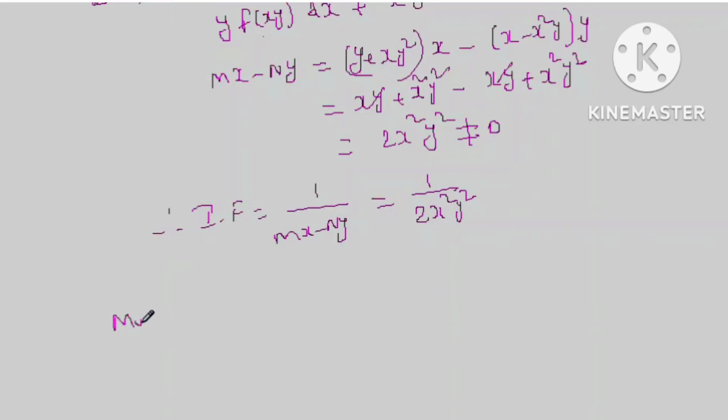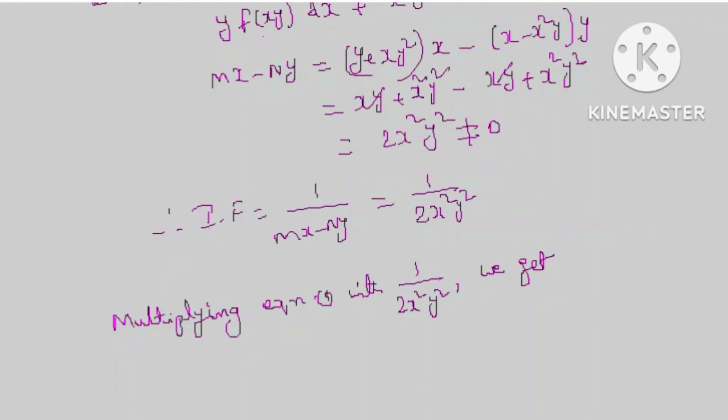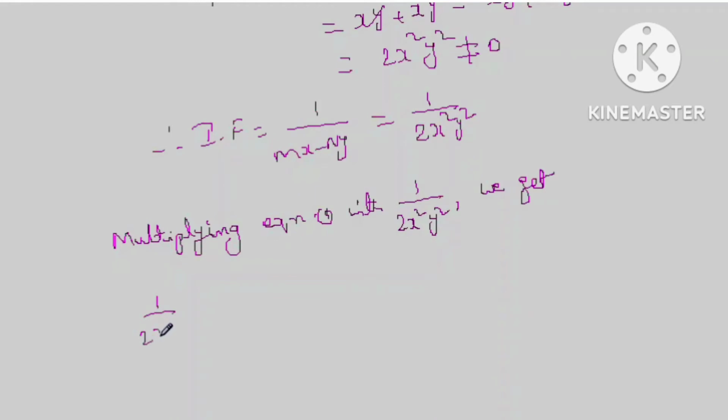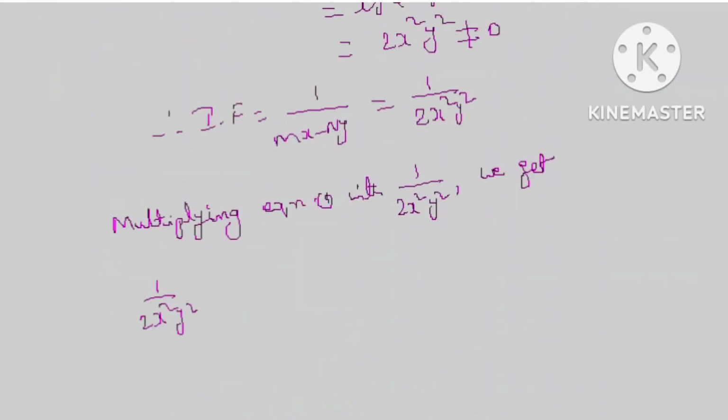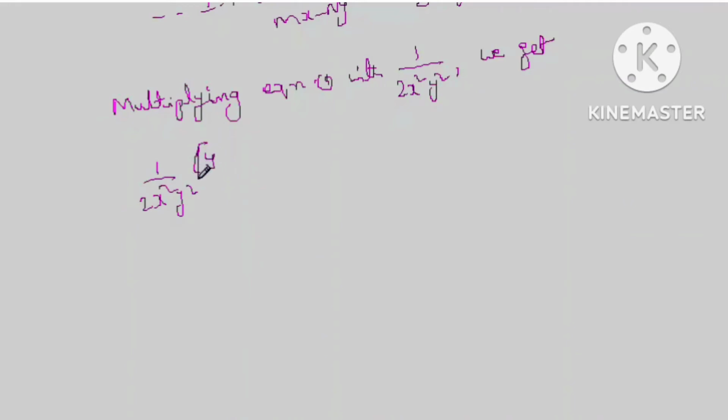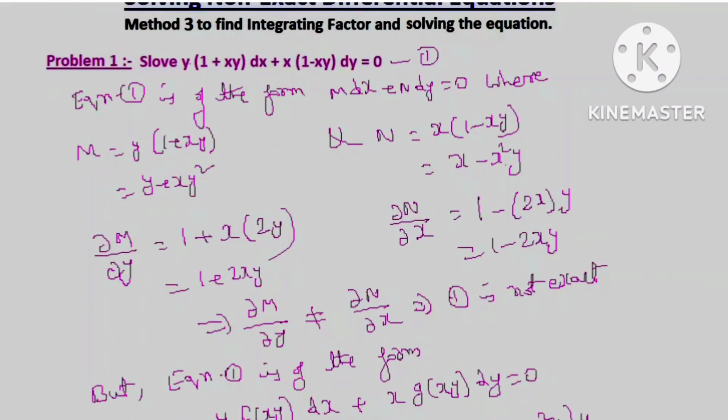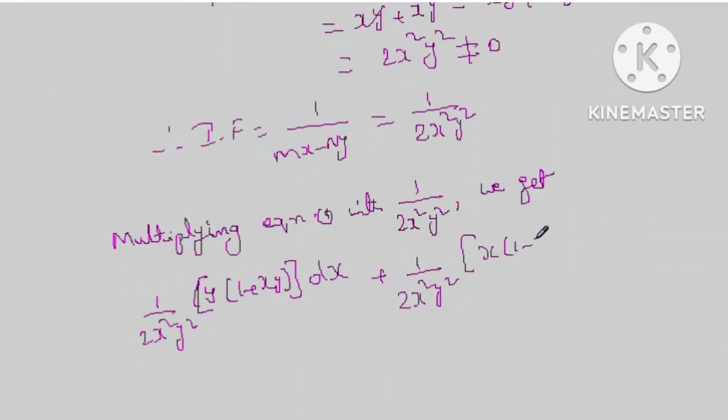So multiplying equation 1 with 1 by 2x square y square, we get 1 by 2x square y square into y into 1 plus xy dx, plus 1 by 2x square y square into x into 1 minus xy dy is equal to 0.